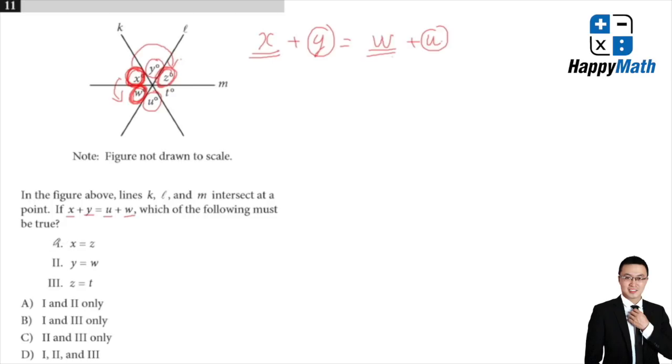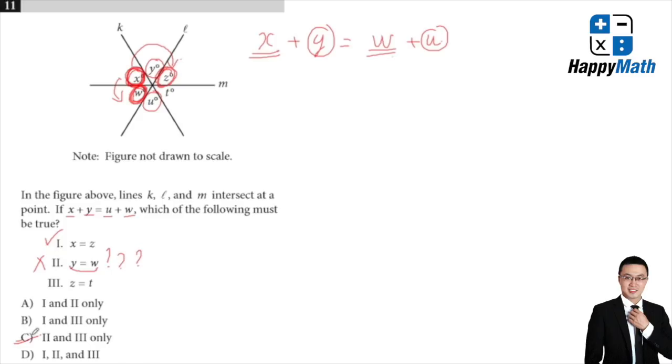X equals w, so that's why you get x equals z. So 1 will be right. I will cancel any option without 1, so C will be cancelled. How about 2? X and w, and y and w: you have y here and w here. Y only equals u because it is the vertical opposite angle, and we have no clue for y equal to w, so it is not sure, so we can cancel the second option.